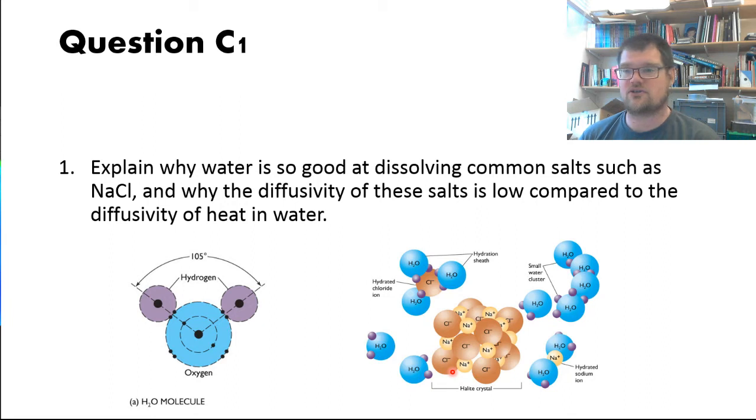This is why it's such a good solvent: once an ion of chlorine or sodium is taken out of the crystal lattice and dissolved, it's surrounded by water molecules. That surrounding by water molecules should form part of your answer as well. That's a diagram of that here, taken from the lectures. And this isolates the chlorine and the sodium ions, so they can't recombine and precipitate out again. So that's what makes things soluble. Those are the things that are required for that part of the question.